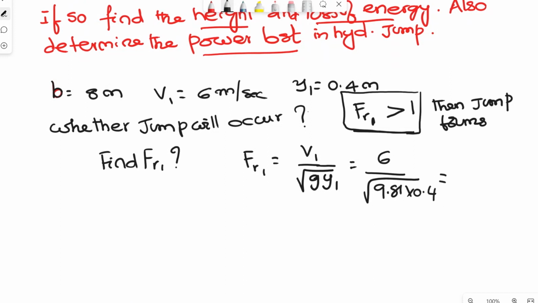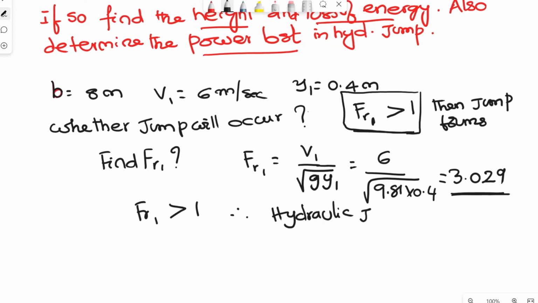If you find V1 by root G Y1, it is equal to 3.029. So that means FR1 is greater than 1. Therefore, a hydraulic jump occurs. This is the first answer.